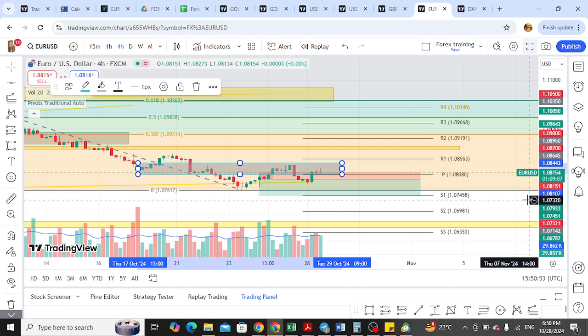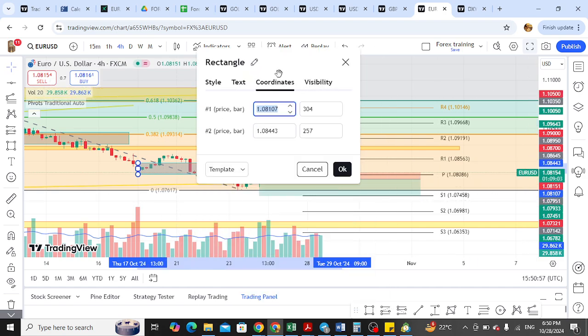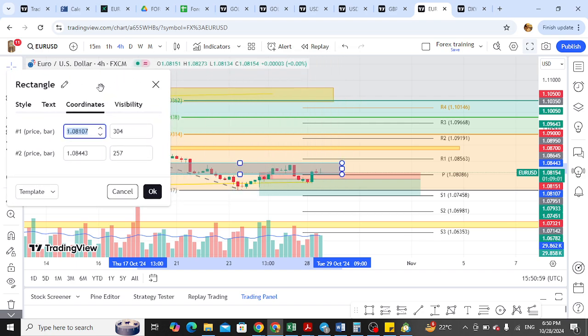It's from 8:10 to 8:44. 8:10 to 8:44. It's today at 8, it's now at 8:15. 8:54.